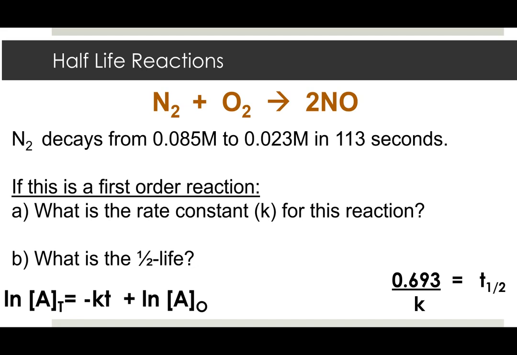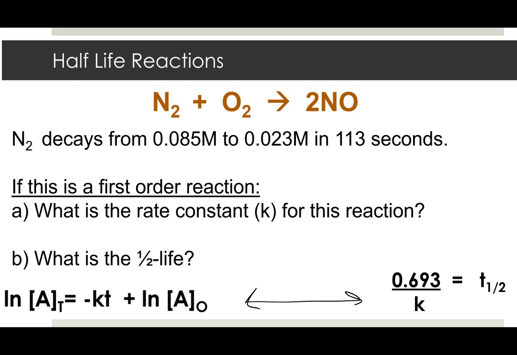Knowing that it's a first order reaction just gives us the group of formulas that we can use. I want to know what is the rate constant k for this reaction and what is the half-life for this reaction.